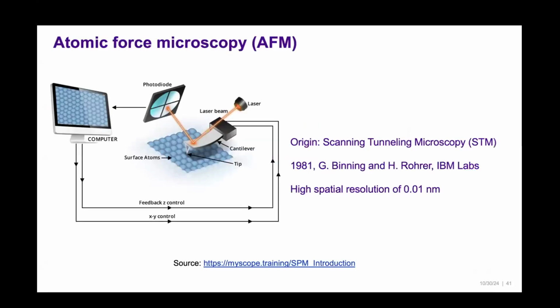So IBM Labs in 1981 first developed the scanning tunneling microscopy using the tunneling effect. But then it led to a series, or family, of microscopes called scanning probe microscopes. Atomic force microscopy is one of those microscopes, and it is able to give very high resolution surface topography at picometer scale, quite different.